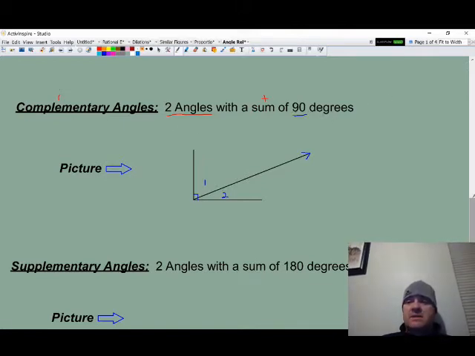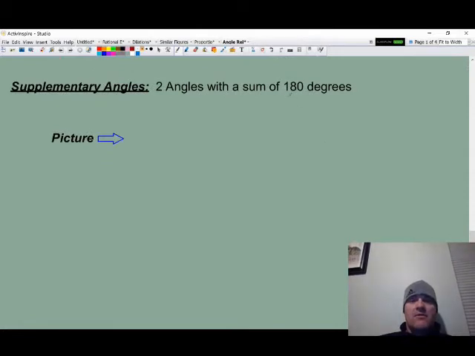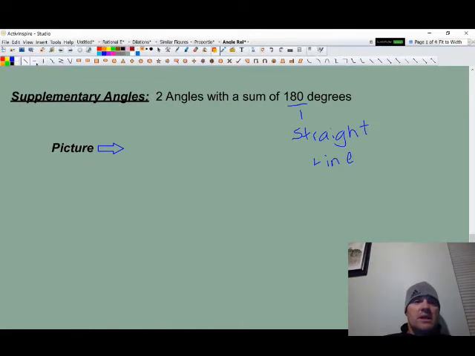Supplementary angles are two angles with a sum of 180 degrees, or what we call a straight line. I'm going to write this in here. Sorry, my handwriting is horrible on this. 180 degrees is a straight line. So all I have to do here is draw myself a straight line.